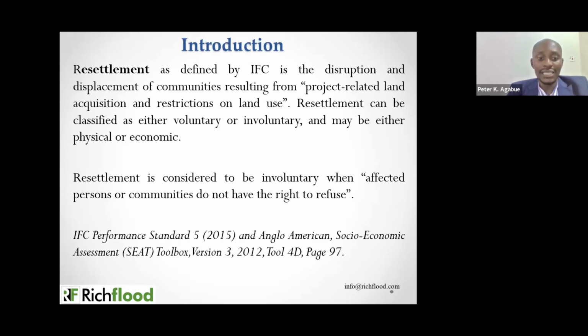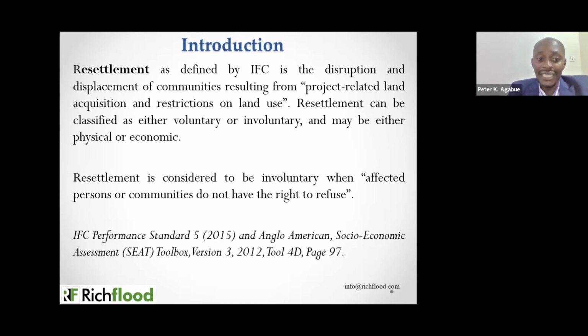In terms of best practice, project owners are encouraged to acquire land rights through negotiated resettlements wherever possible, even if they have the legal means to gain access to the land without the sellers' or occupiers' consent.